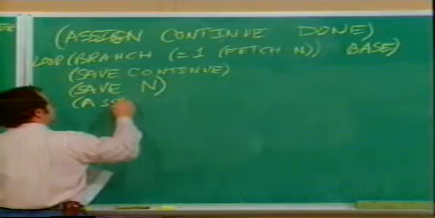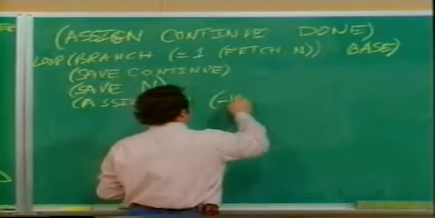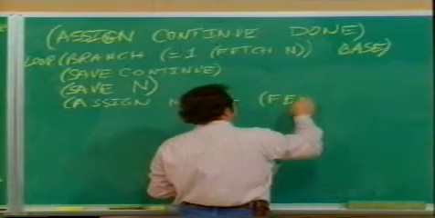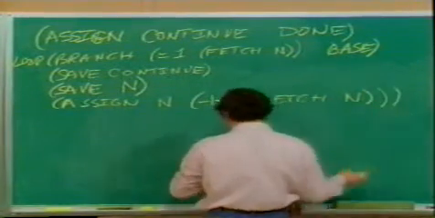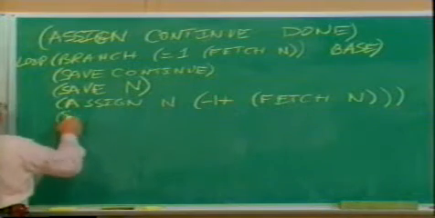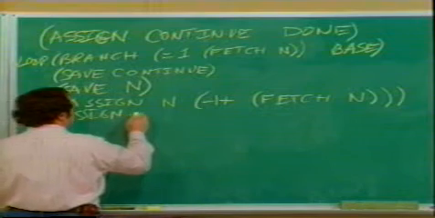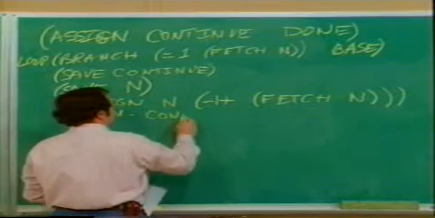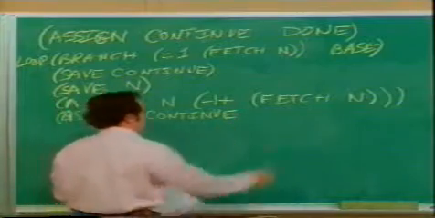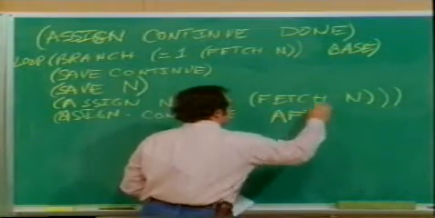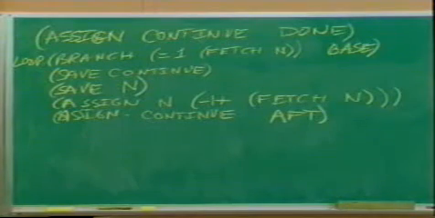Assign to n the decrement of fetch n. Assign continue. I'm going to call it aft. That's a good name for this, a little bit easier and shorter and fits in here.